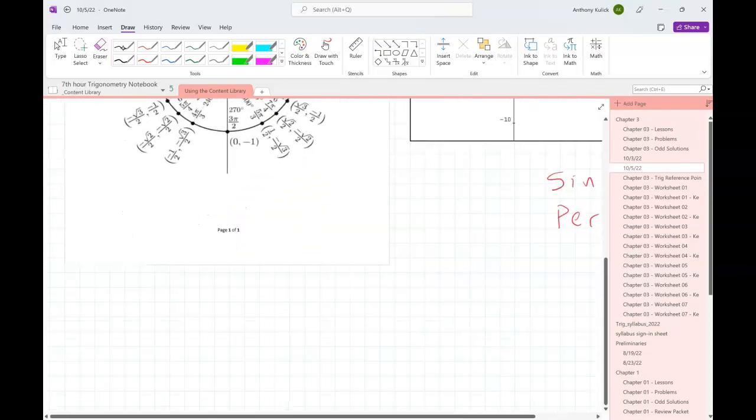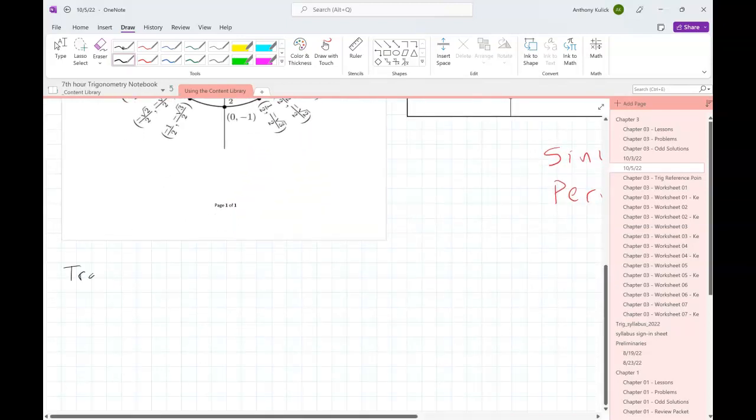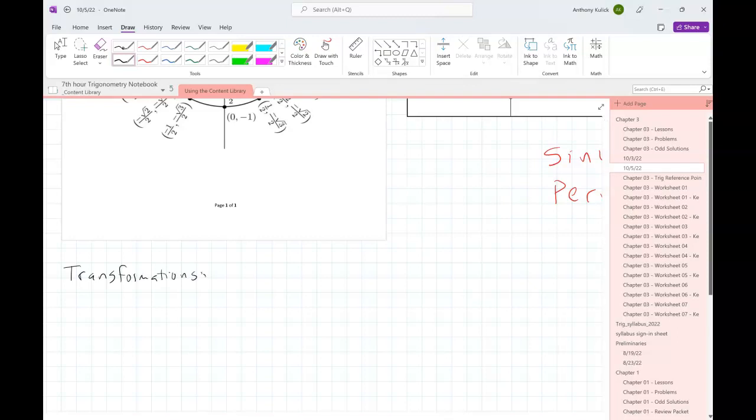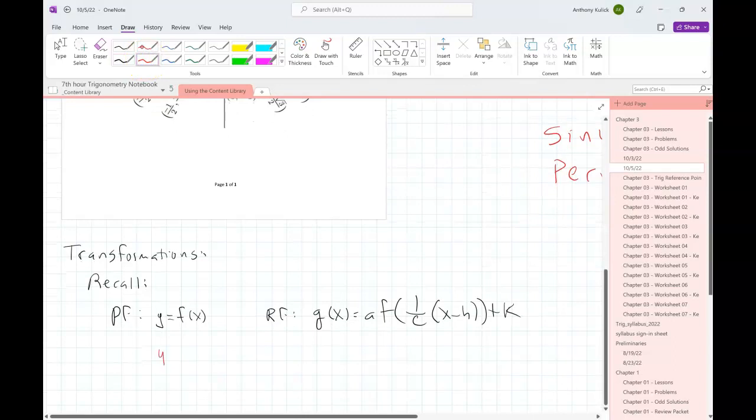So let's talk about transformations now. Recall from last time that if I have some parent function f of x, the resultant function or transformation of that function can be thought of as a times f of 1 over c times (x minus h) plus k. Today we're going to talk specifically about when f of x is equal to sine x.